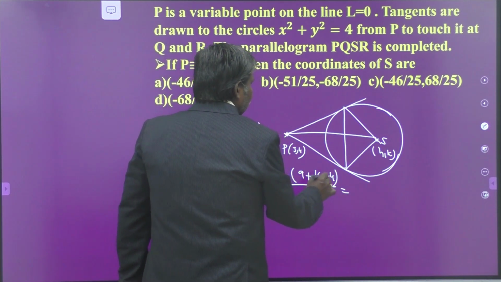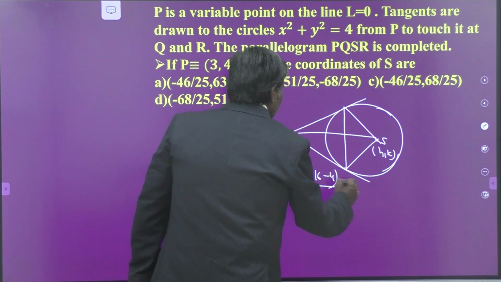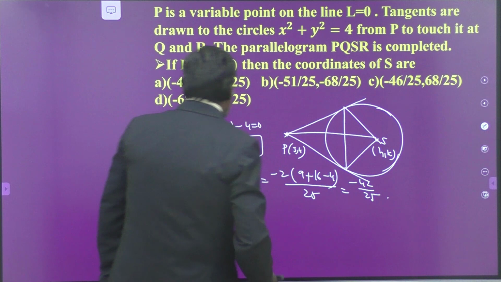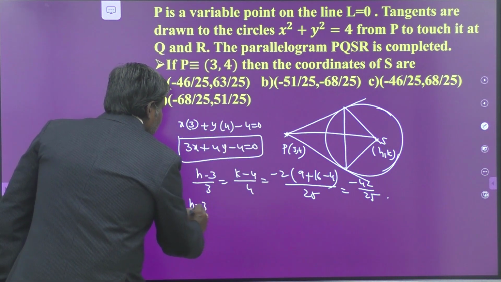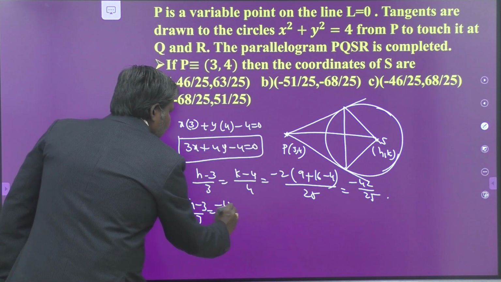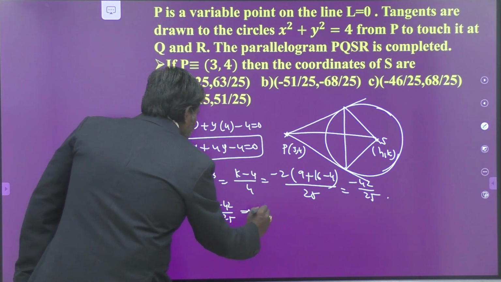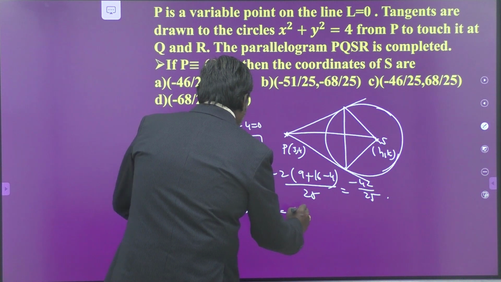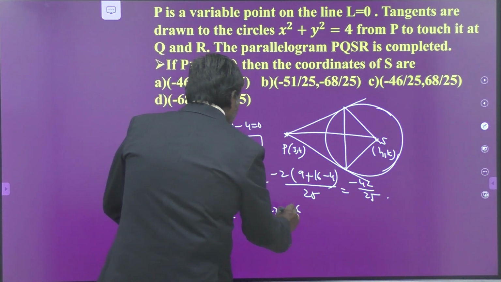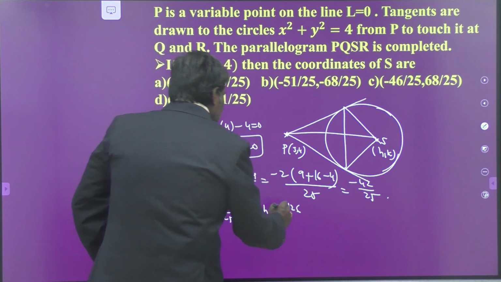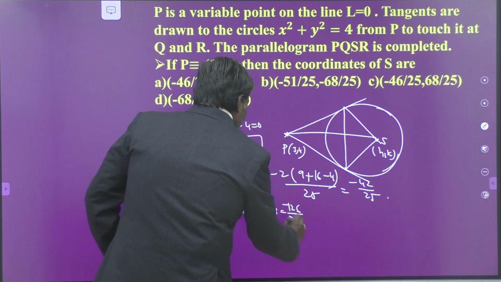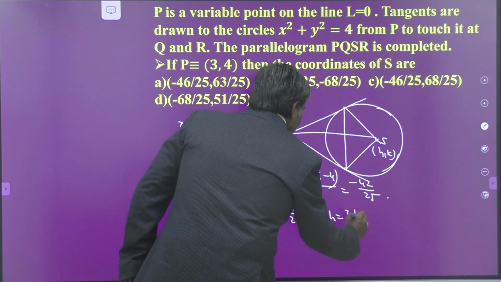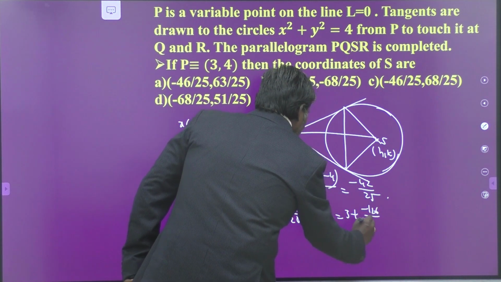This is 25 minus 4, 21, 21 times 2, that is minus 42 by 25. So (h minus 3) by 3 is equal to minus 42 by 25, which implies h minus 3 is equal to 3 times minus 42, 3 2s are 6, 3 4s are 12, minus 126 by 25. So h is equal to 3 minus 126 by 25.